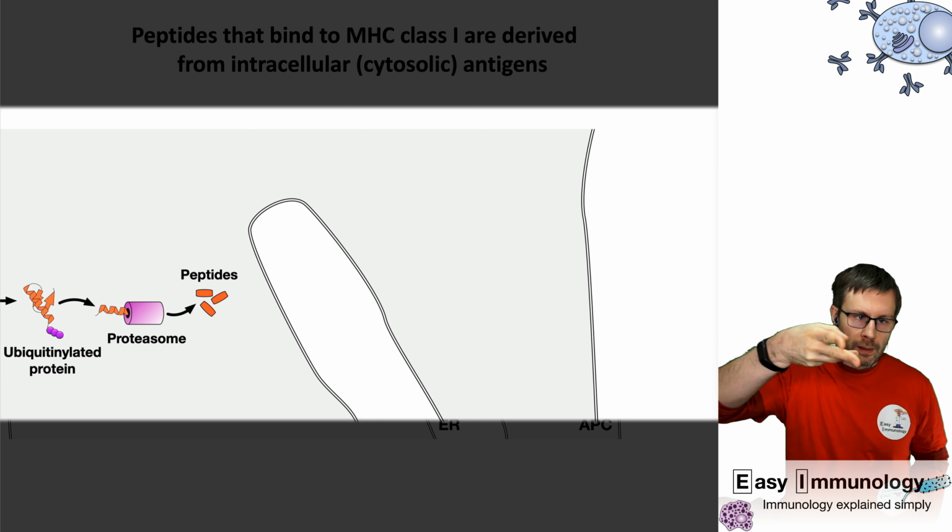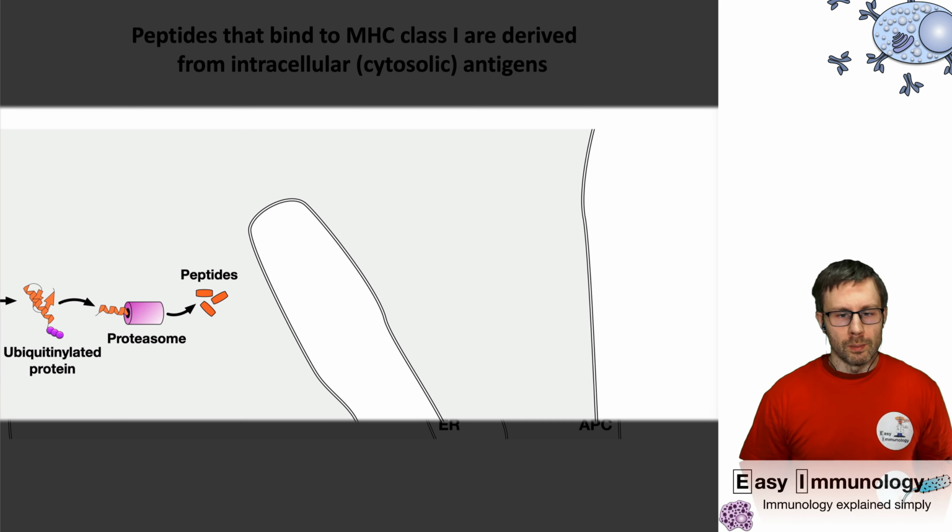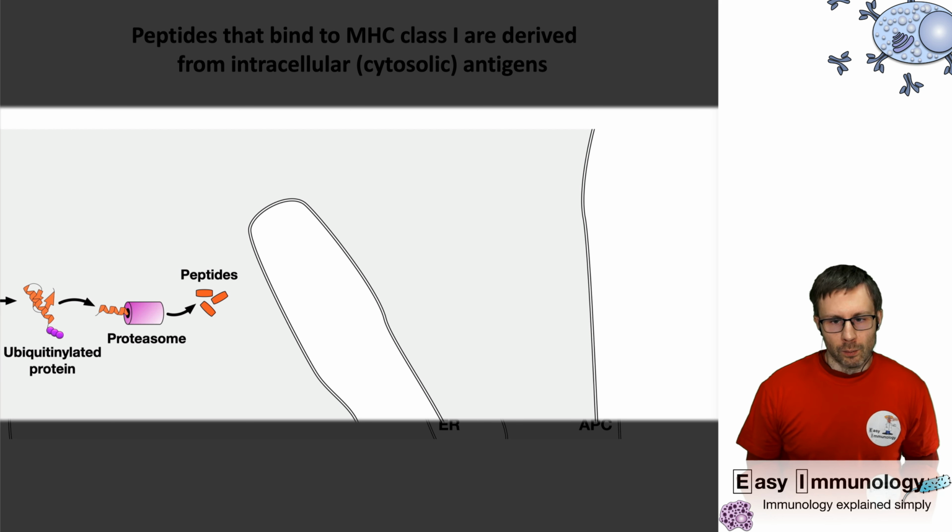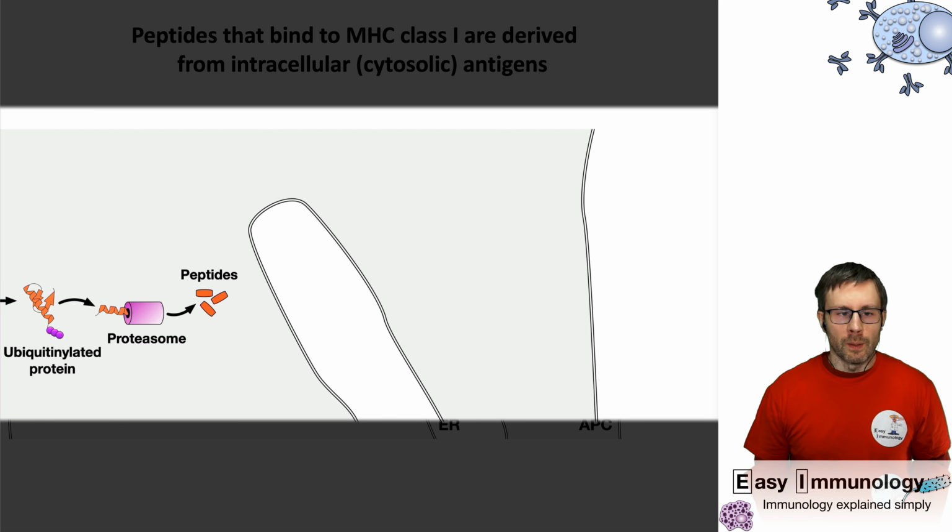It's like a scissor, and they cut this long polypeptide chain into small peptides. So it's like a wood chipper where you put pieces of wood in on one side, and smaller pieces of wood come out on the other side. And these peptides are then transported into the endoplasmic reticulum by a molecule called TAP, transporter associated with antigen processing.